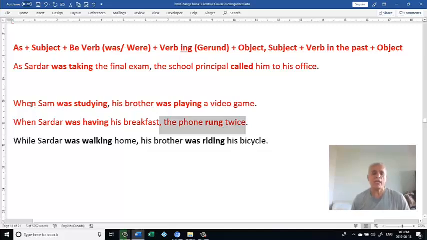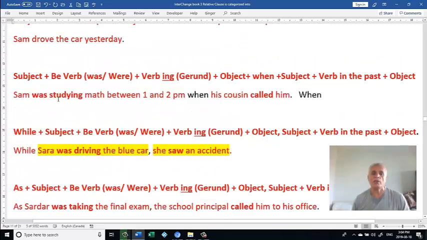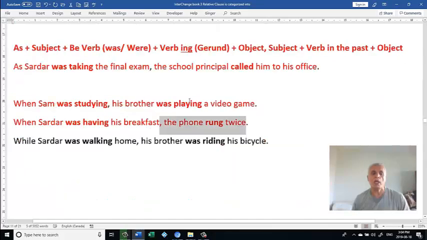Let me make it short. With when, it doesn't mean the first clause should be in the past simple and then the second one in the past continuous. But it depends on the condition. With when, the first clause could be in the simple, as we took it here, because this is simple, and then the other action was continuing. Or it could be the opposite, both of them are continuing, or maybe the action close to the when is continuing, then the other action happened once.